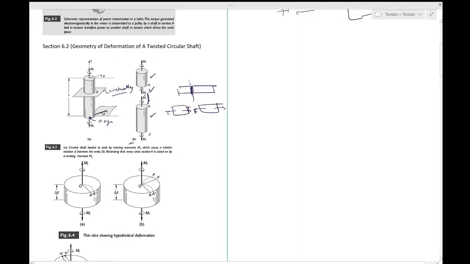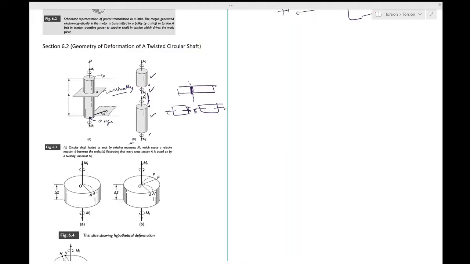Okay. So once this is sort of figured out, we now start our consideration of possible modes of deformation by isolating from the shaft a slice delta z in length with faces originally plane and normal to the axis of the shaft.